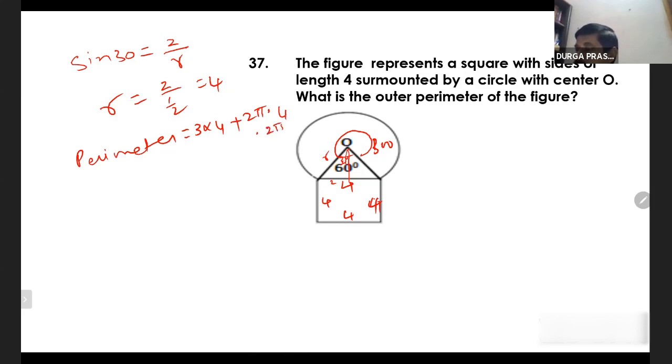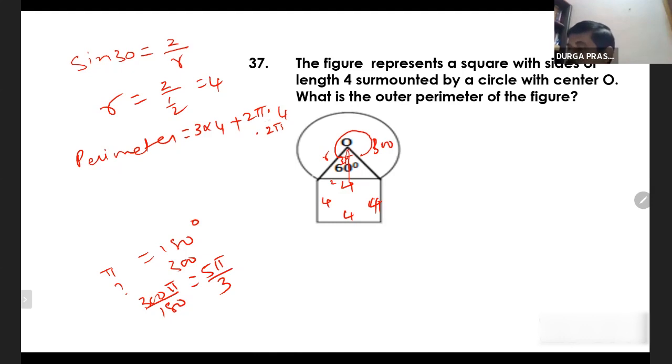Theta is 300 degrees. Pi radians equal to 180 degrees, so 300 degrees is 300 pi by 180, that is 5 pi by 3.